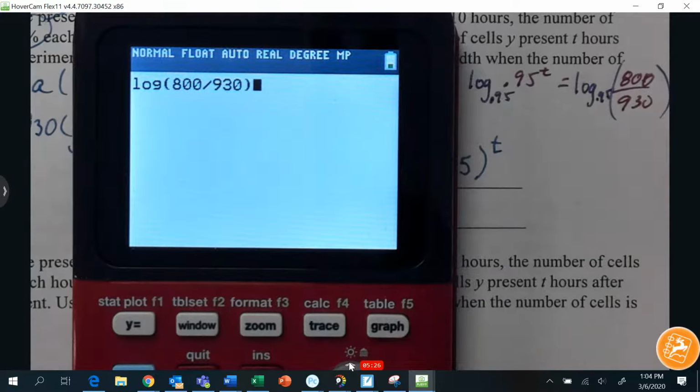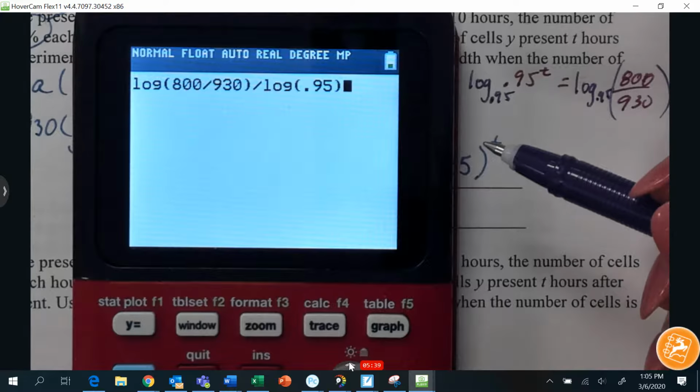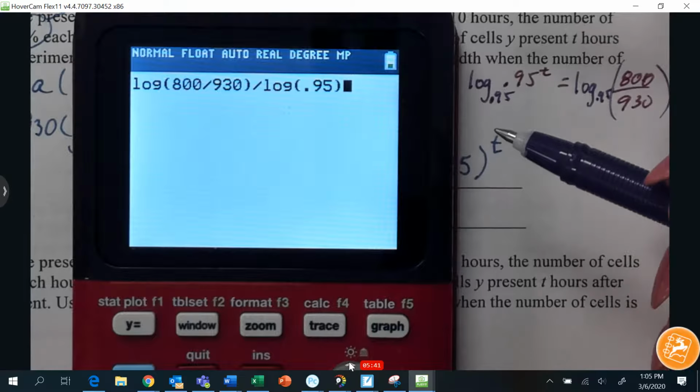And then I would close my parenthesis. And then I would divide that by log 0.95. That's how I would do it if I don't have the newer calculators, which I do, but I'm doing it the old way for you. Okay?